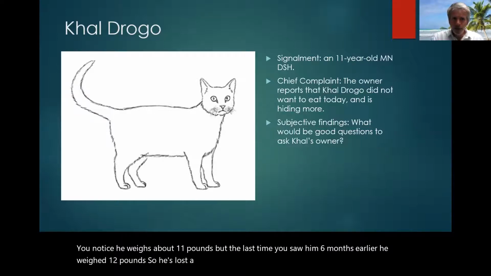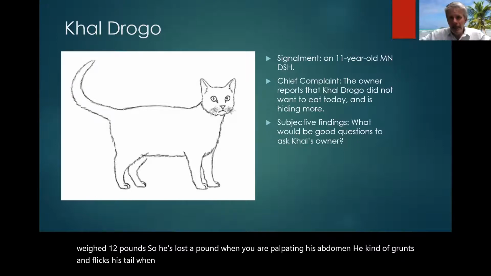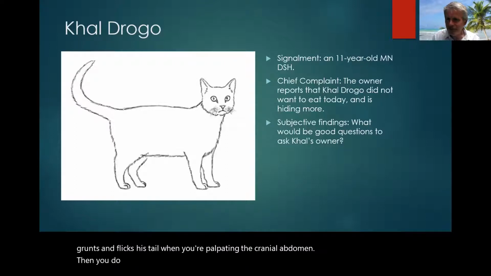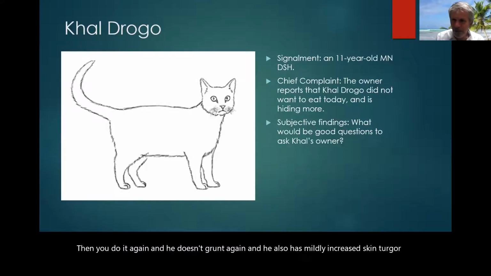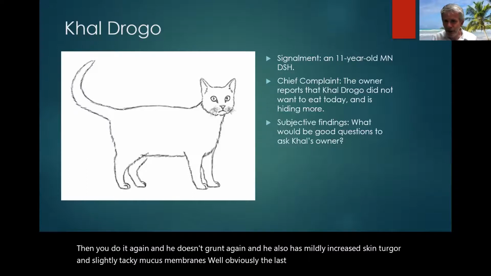When you are palpating his abdomen, he kind of grunts and flicks his tail when you're palpating the cranial abdomen. Then you do it again, and he doesn't grunt again. And he also has mildly increased skin turgor and slightly tacky mucous membranes. Well, obviously, the last part, he's a little dehydrated.